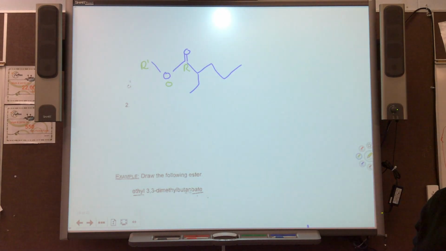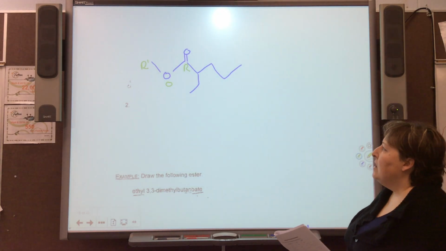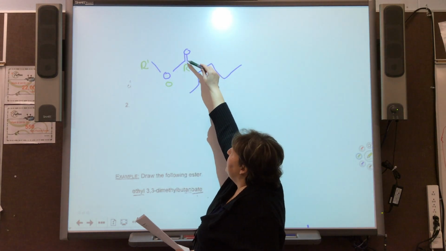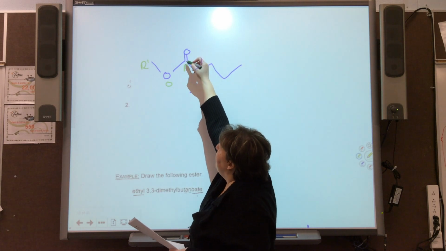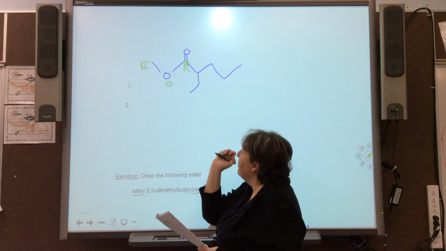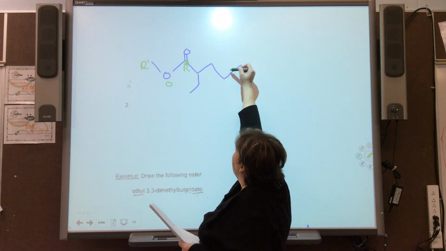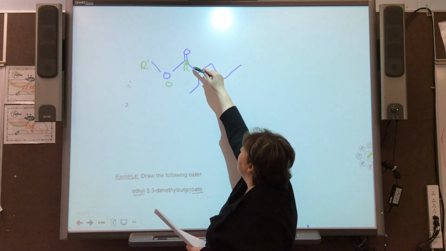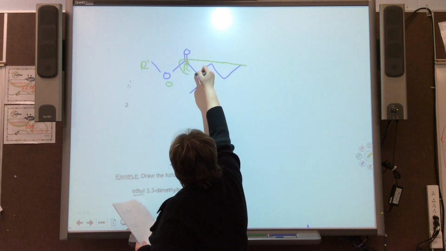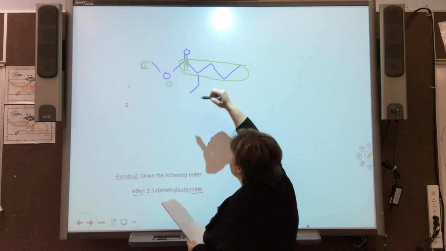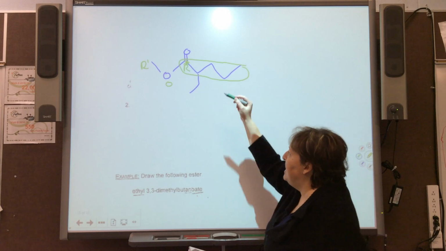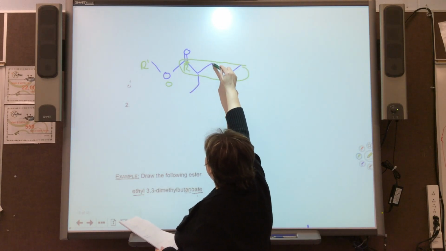Just start with that, R, O, R prime. Now in our R group, we still need the longest chain, including this double bond. So we have 1. Don't forget, there's a carbon here. People will make that mistake time and time again. 1, 2, 3, 4, 5. 1, 2, 3, 4. So this is our longest chain this way here, that includes our double bonded O. So we have 5 carbons, right? Don't forget. 1, 2, 3, 4, 5.